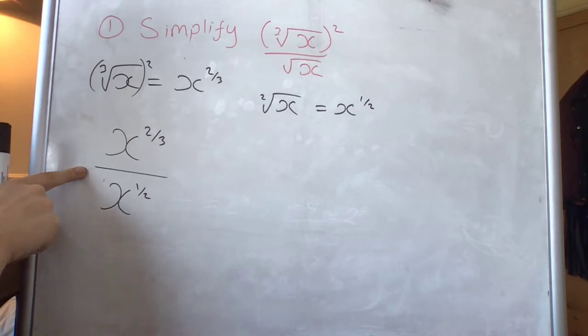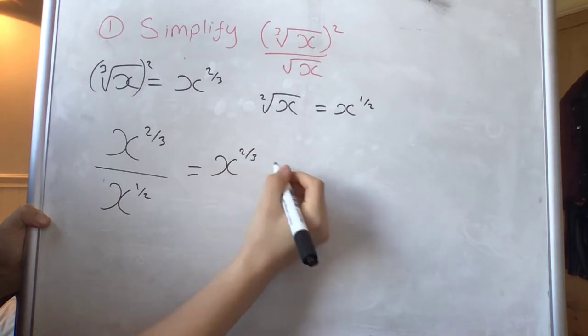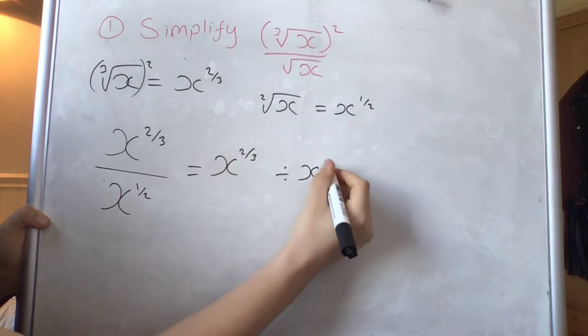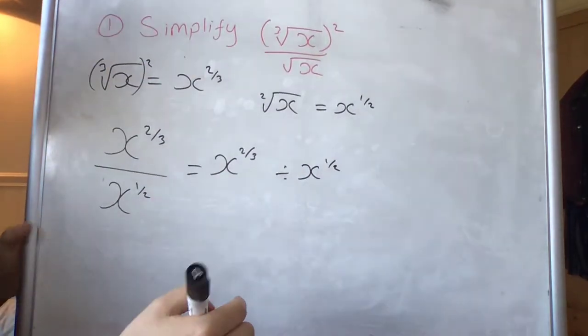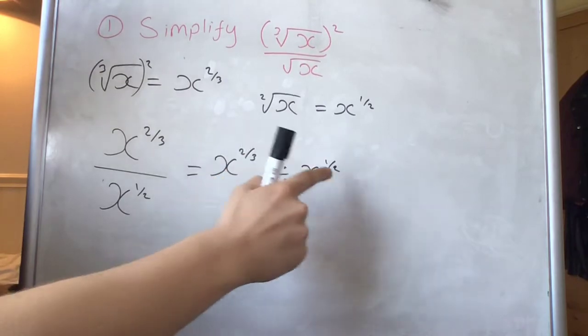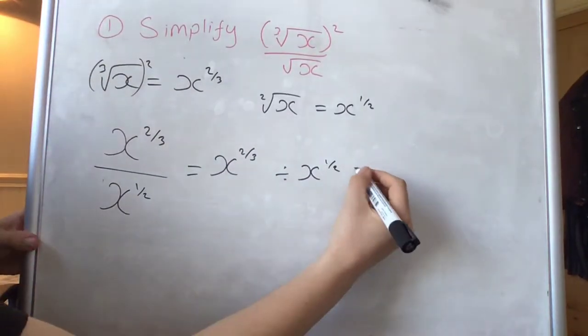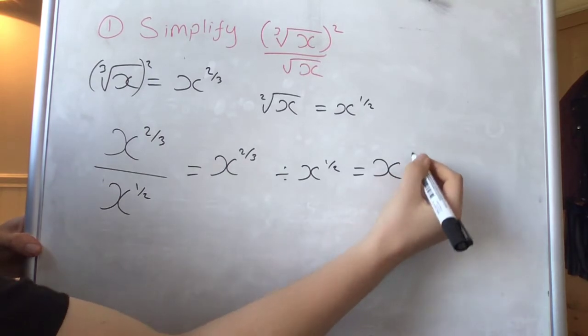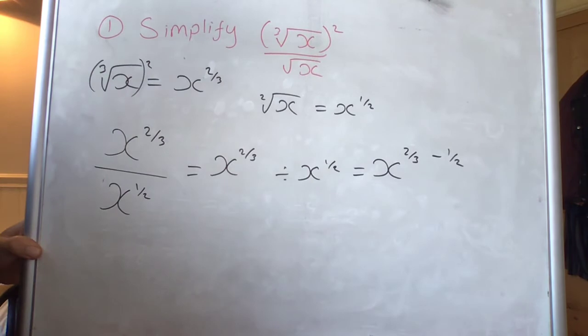Now, when it's in a format like this, that is just the same as taking a division. So x to the power of 2/3 divided by x to the power of a half. And as we've seen from our laws of indices, we know that when we have the same base, which is x here, and we have exponents, we can simply take them away. So this is the same as saying x raised to the power of 2/3 minus 1/2.